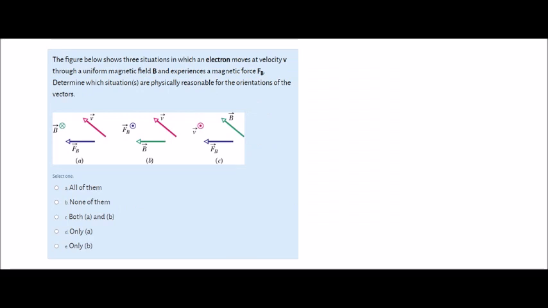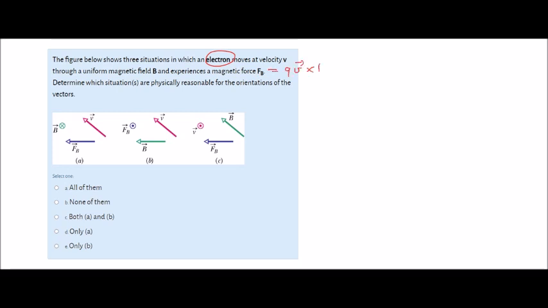Next question. It's about magnetic force. The figure below shows 3 situations in which an electron, that's very important, moves at velocity v through a uniform magnetic field B and experiences a magnetic force FB. What is FB?